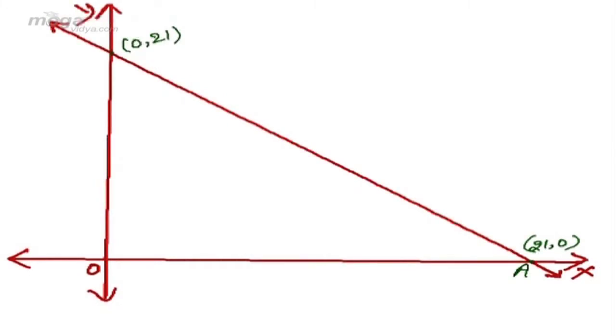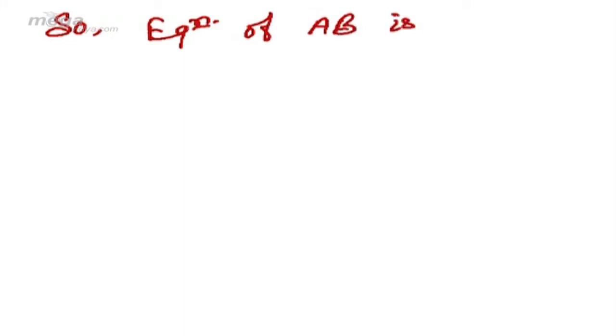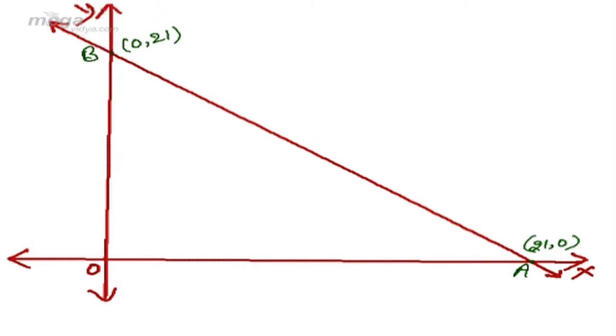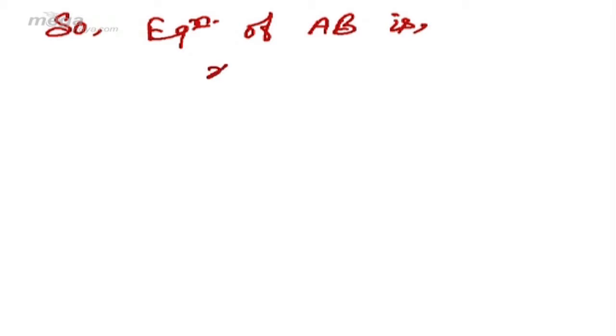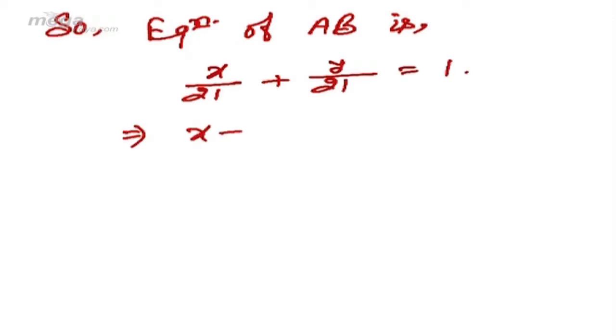Suppose this is A, this is B. So equation of AB is, because here the x-intercept is 21 and the y-intercept is also 21, using the intercept form you can write x/21 + y/21 = 1. And hence you will get x + y = 21.